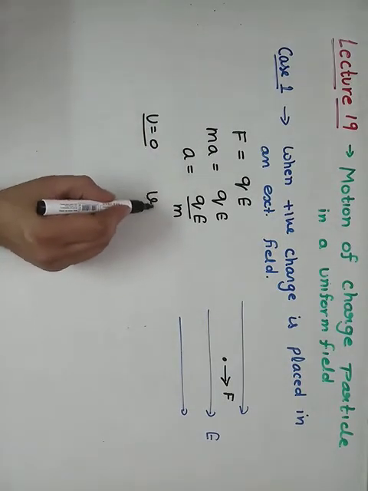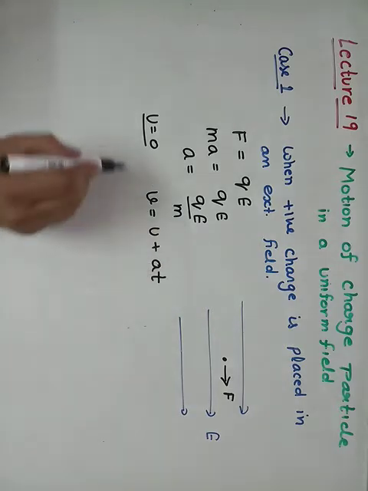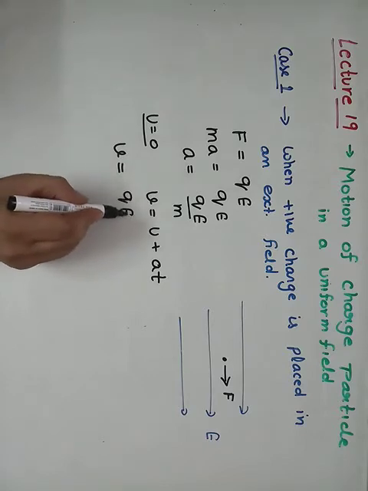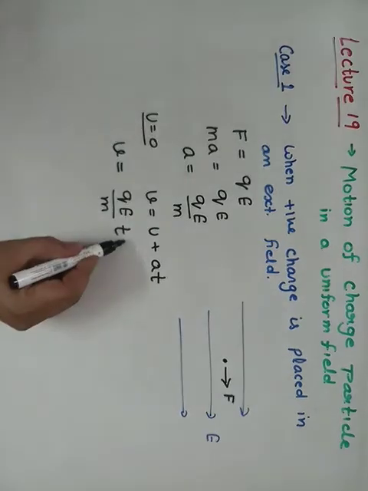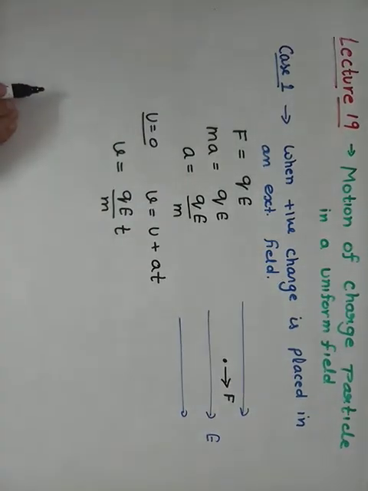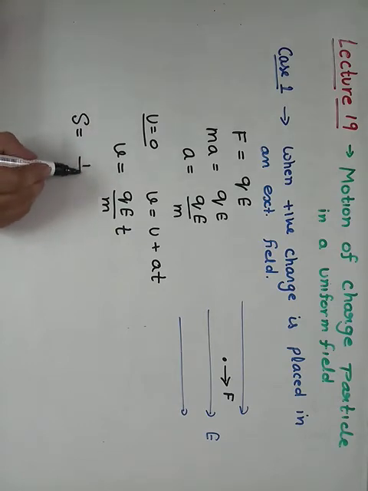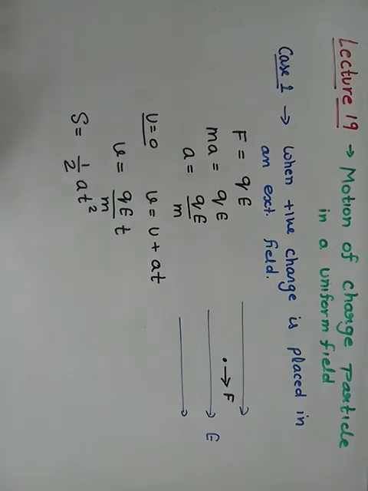Now you can find the final velocity after any time using this formula. Therefore, V is equal to QE by M into T. After any time T, you can find the velocity. And for displacement, S is equal to UT, which is 0, so we can simply use half AT square.